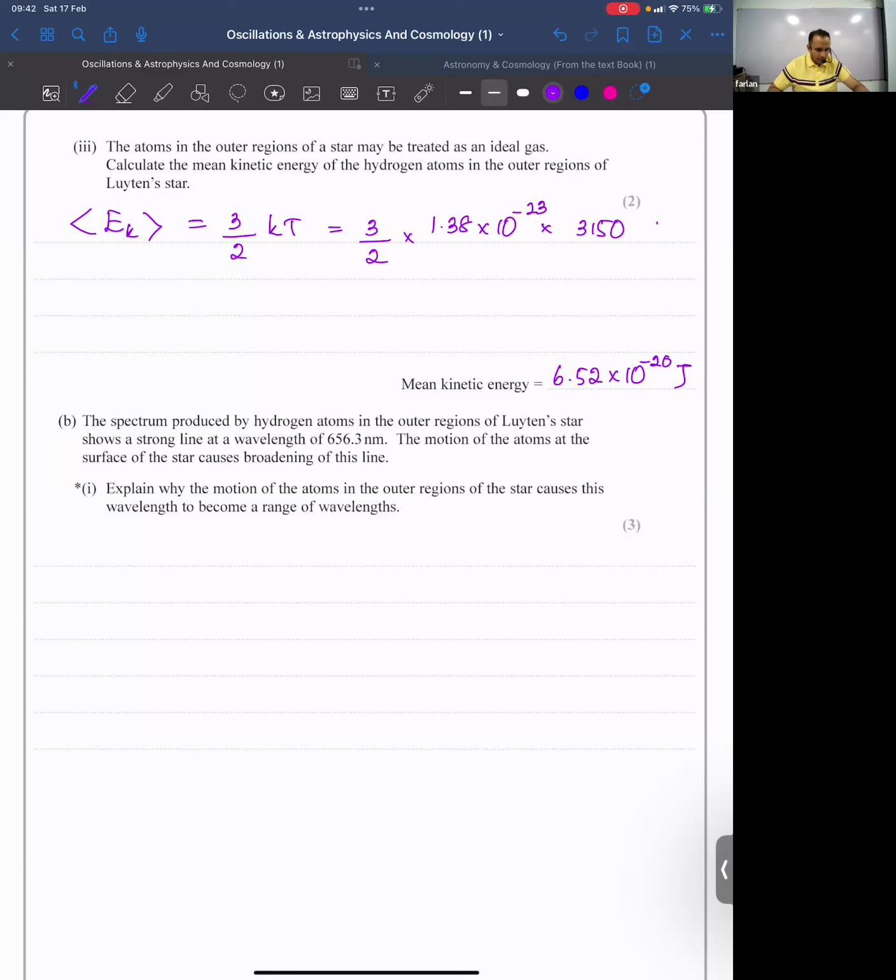So the wavelength received from different atoms will be different. The wavelength received from different atoms will be different. So it broadens the line.